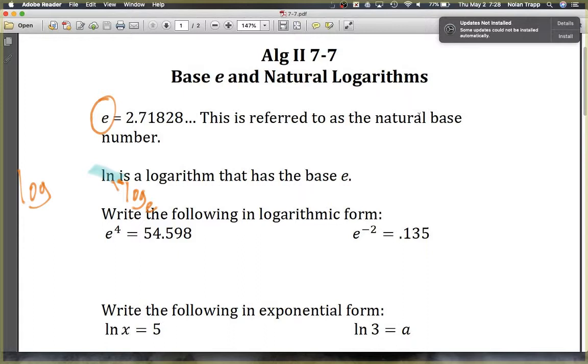So, if we want to write something like this, next one here in logarithmic form, we do the same thing. We flip these two things' sides. We write ln because that's naturally base e. We don't actually put the e there. And so we end up with that.